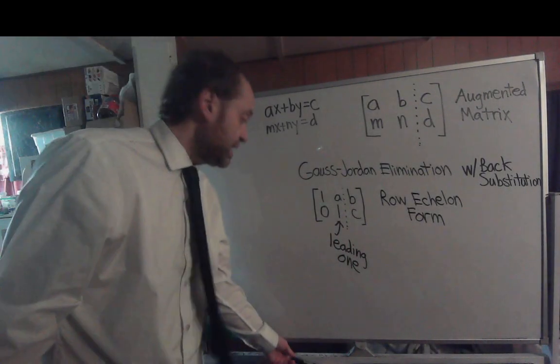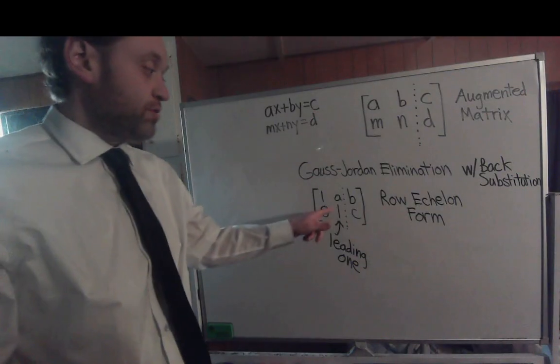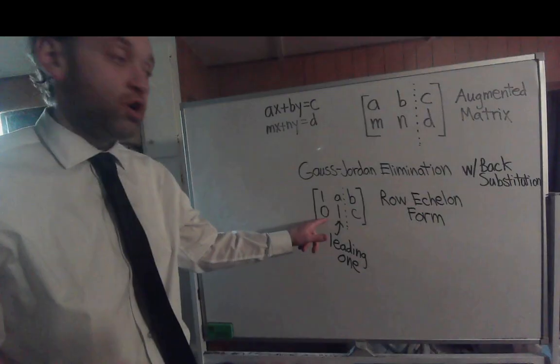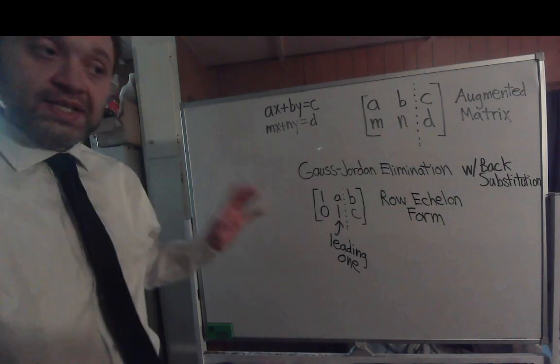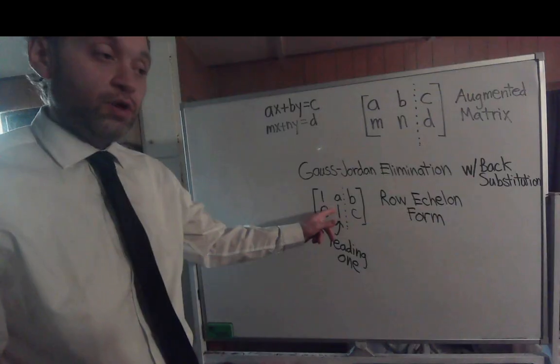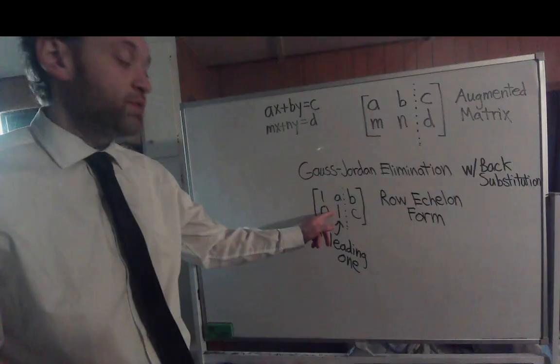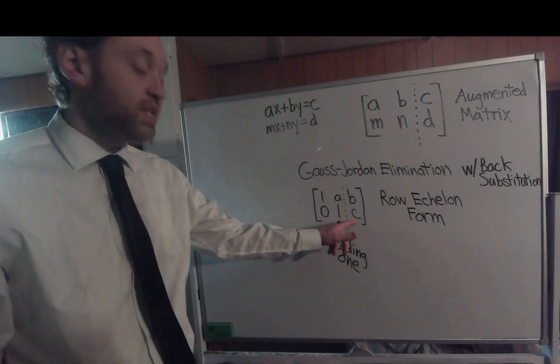So the second number in the second row will always have to be a positive 1. The number to the left of that would always be 0. What this does in the second row, that 1 becomes the coefficient for your y variable. That would tell you that y equals c.